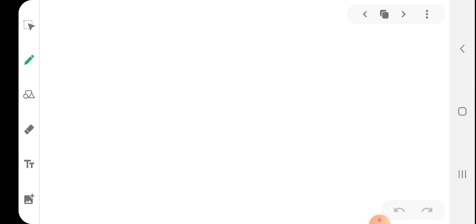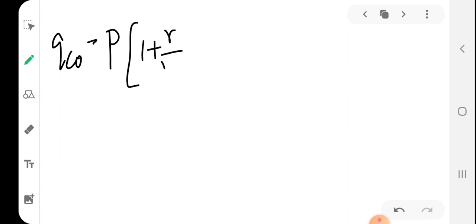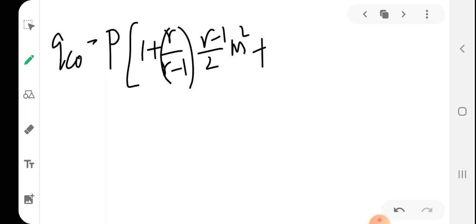So what will happen? Q compressible can be written as P into, if I expand that bracket, 1 plus gamma by gamma minus 1 into x. So this is n and x is gamma minus 1 by 2 Mach square. The next term is n into n minus 1 by 2 factorial.